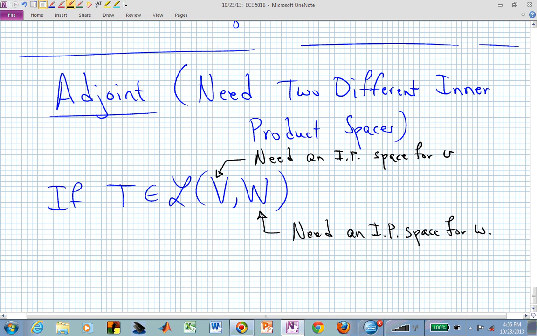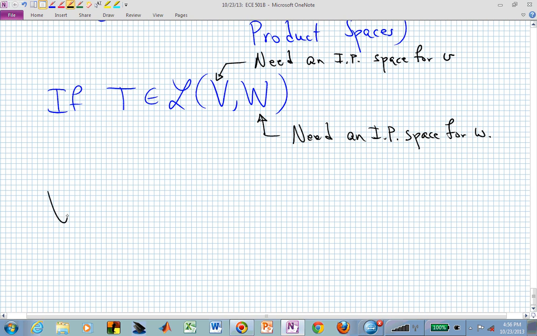So we have a domain and a codomain again, a V and a W, and they could be different. If they're different, we need two different inner product spaces, meaning V and W are both finite dimensional inner product spaces.